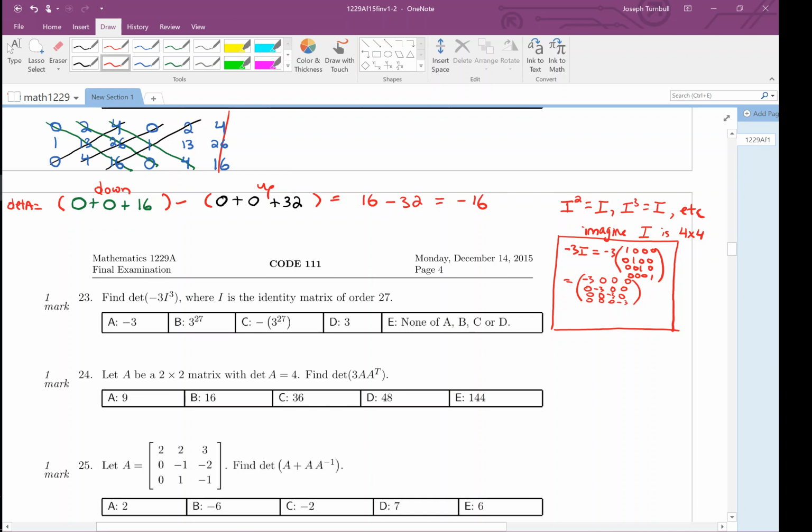Then we take the determinant of that, and it's triangular, upper and lower triangular, or diagonal. So we would multiply the negative 3's by each other. We have negative 3 multiplied by itself 4 times, so negative 3 to the power of 4.